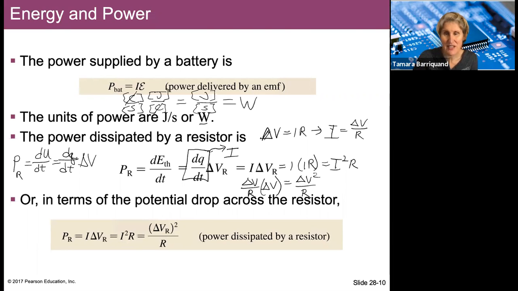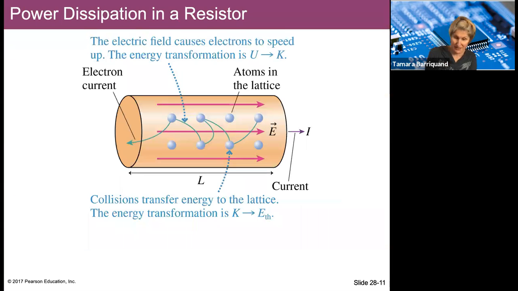All right, let's look at the power dissipation in a resistor on a micro scale. Let's see what's going on in terms of the atoms and the electrons. So here is a really blown up image of the wire. And we see that in here, we have, of course, an electric field that is giving us our current. The electric field will have the electrons moving in the opposite direction of the electric field.